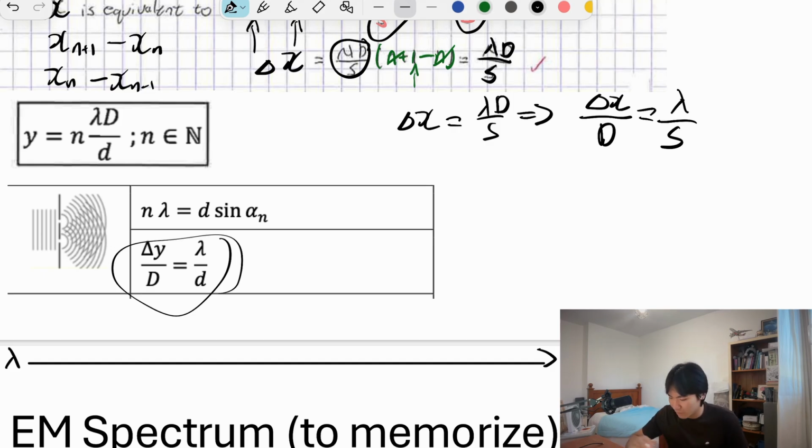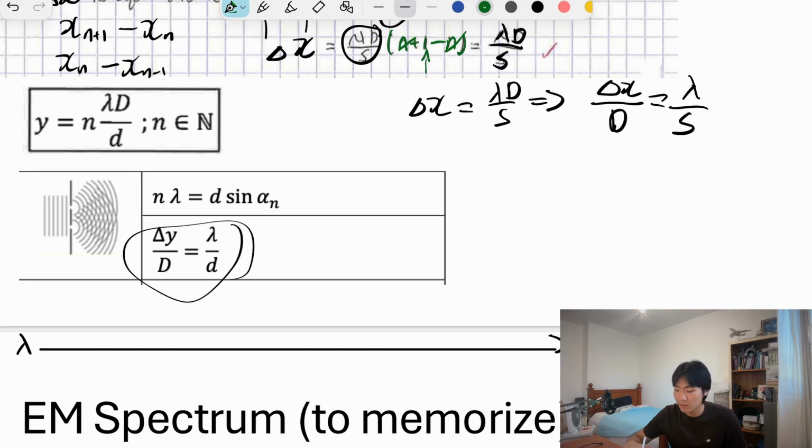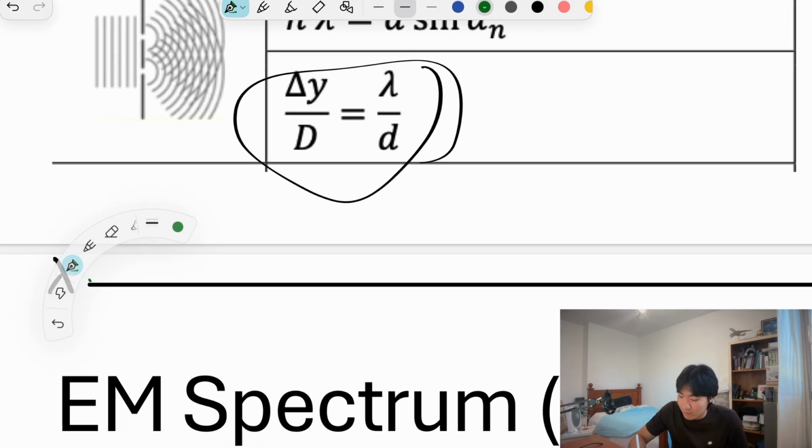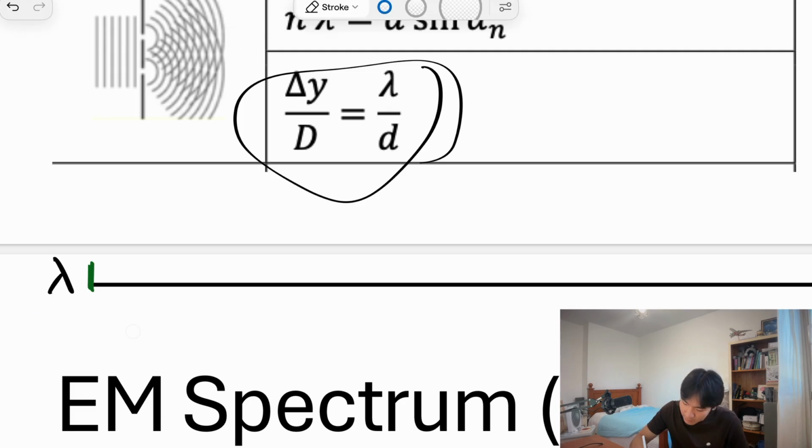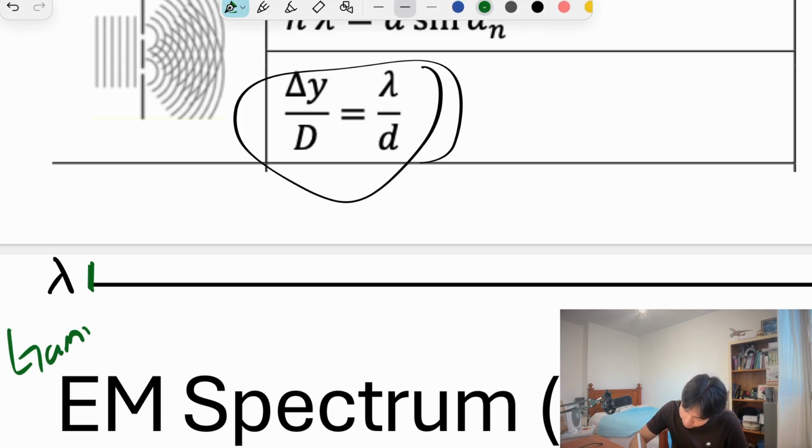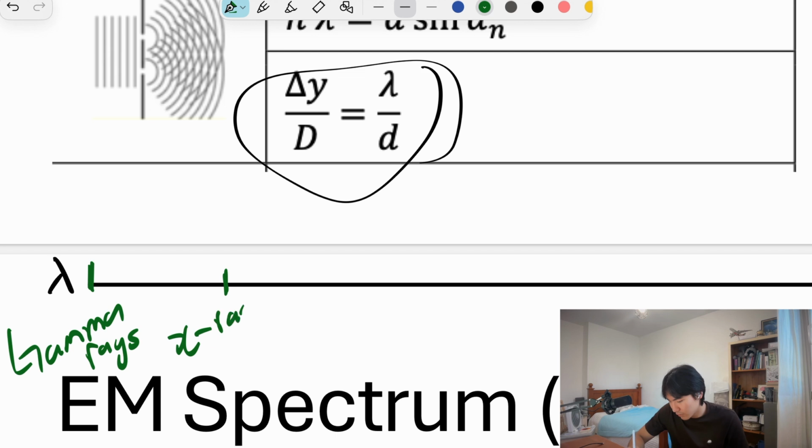Assuming that you wrote down the electromagnetic spectrum on a piece of paper or recited it in your head, the shortest wavelength is the one with the highest energy, and you know that that is gamma. You can write gamma rays, or spell it out. What's after gamma? There is X-rays. And then after X-rays, you know that there is UV, or ultraviolet light.